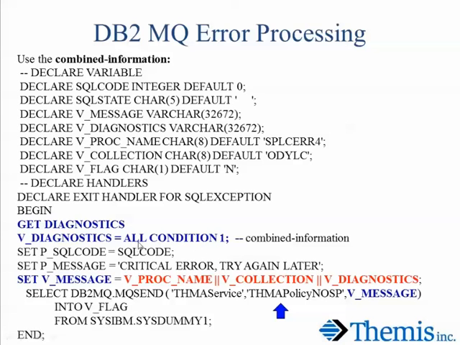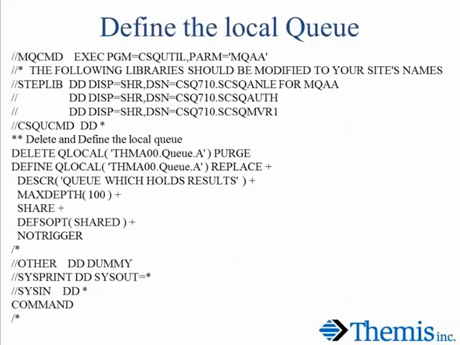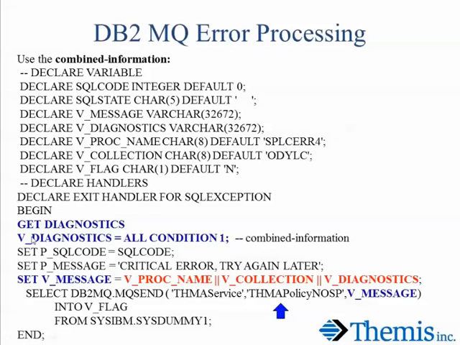So I want to move all of the condition 1 information we were looking at, all that combined information about the condition, into a variable that is set up as a 32K block. So I have a variable called diagnostic that's defined as a varchar 32K.